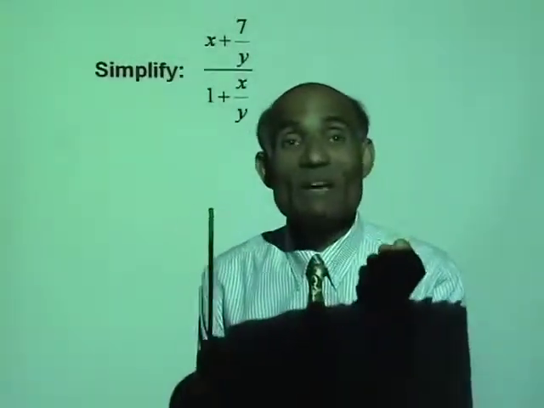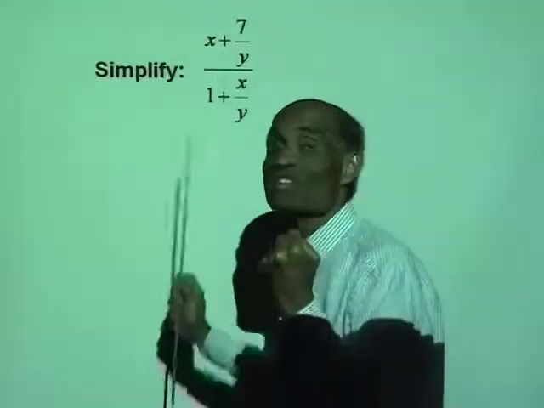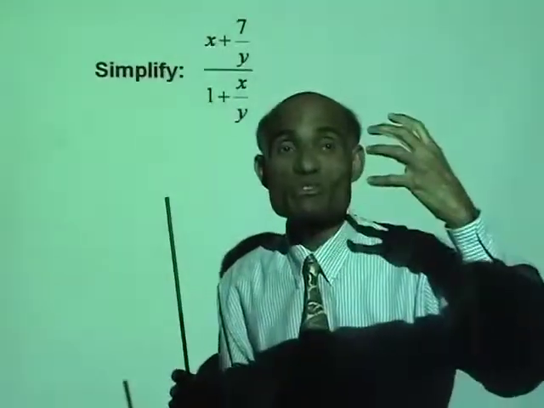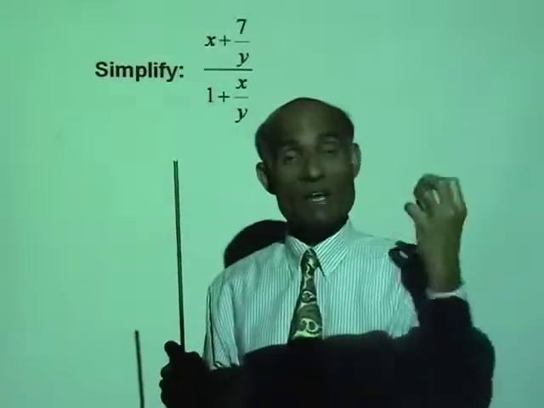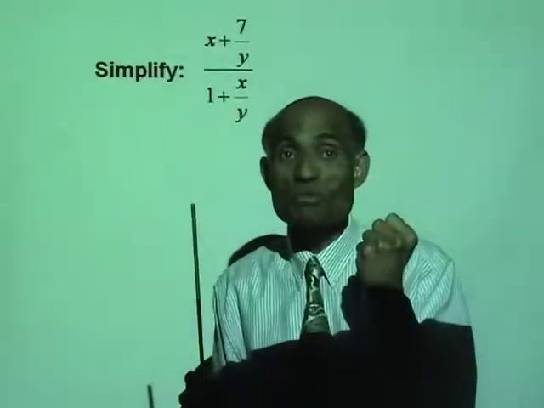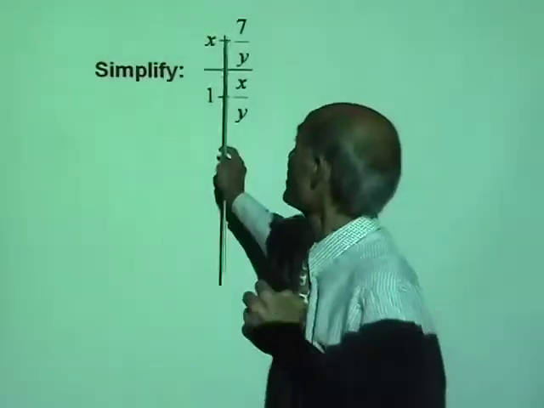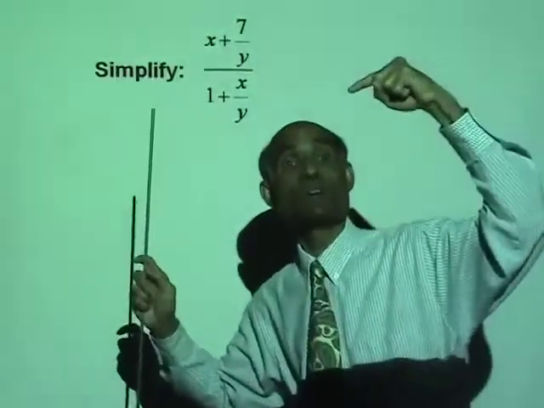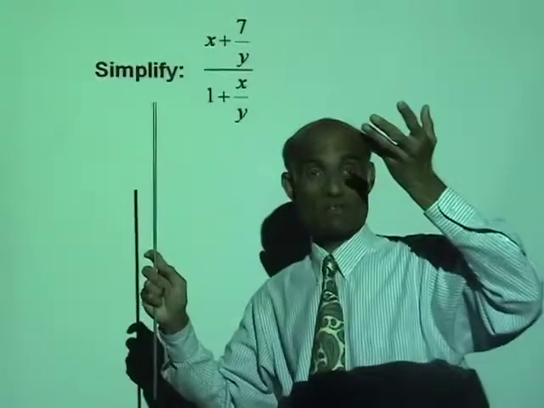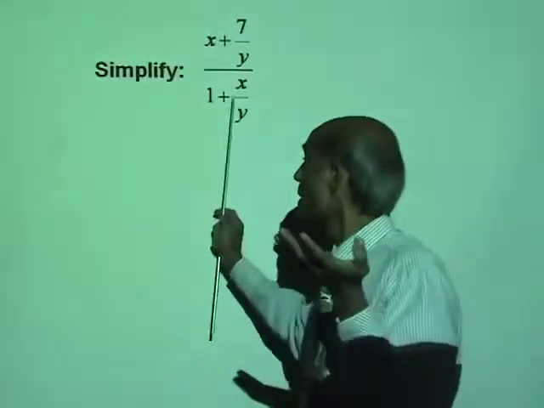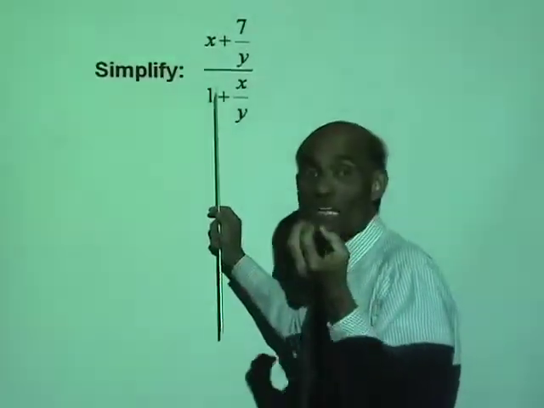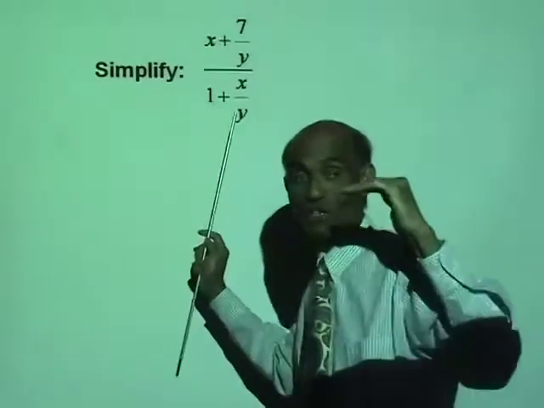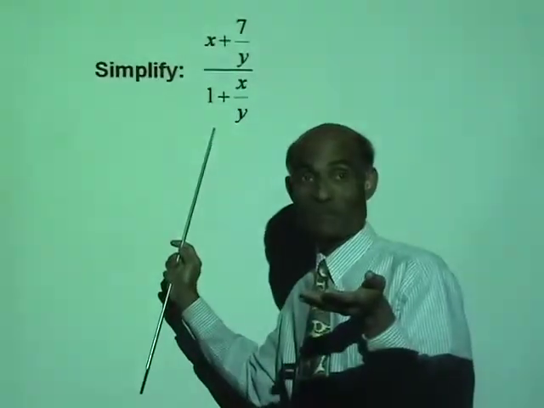Now, the only way we can simplify quantities like this is to reduce the numerator and denominator to simple fractions, so that the numerator is a fraction with its numerator and denominator, and similarly the denominator also is a simple fraction with a numerator and denominator.